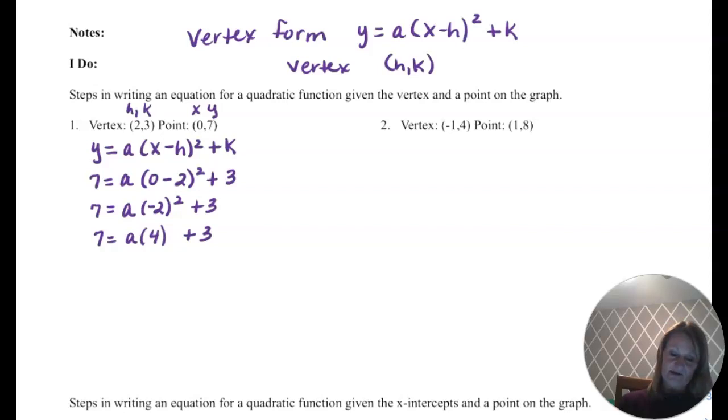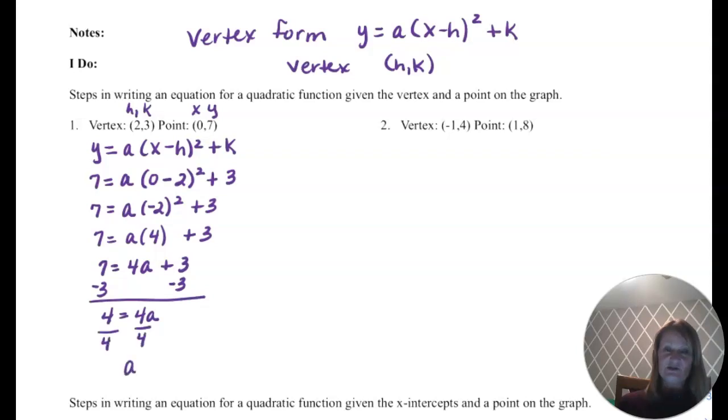Let's just flip it around so that it looks a little neater compared to what we're normally used to seeing. Now let's solve it for a. So I'm going to subtract the 3. I get 4 equals 4a. So I know my a is just 1, okay?